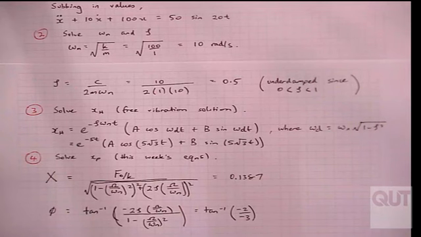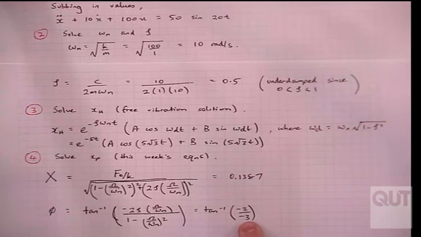Right? Tan is positive in 2 quadrants and tan is negative in 2 quadrants. Your calculator only gives you the answer from one of the quadrants, right? Now, in this case, you can see the overall value inside the brackets will be a positive number.